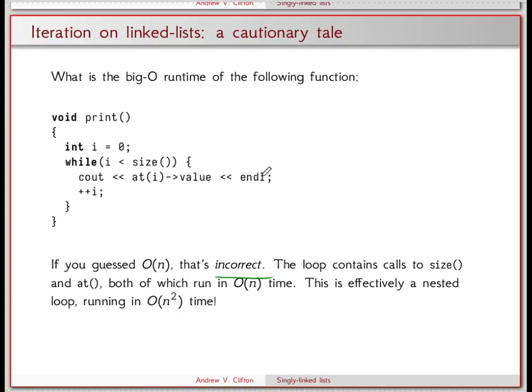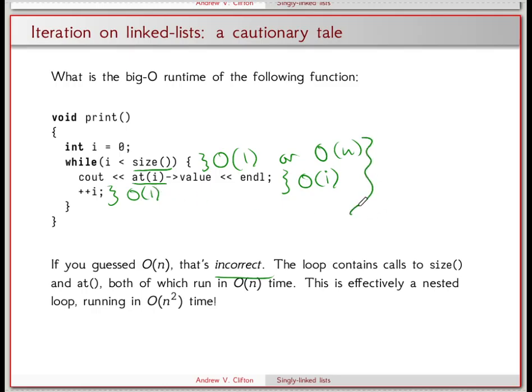If we look at this loop, for loops, we work from the inside out. The runtime of this is O of 1. The runtime of this depends on how the size function is implemented. That might be O of 1, or it might be O of n. And then the runtime of this involves the at function, which always takes O of i time. There's no way to optimize the at function to not take O of i time.